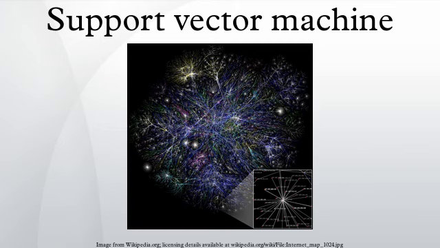The parameter b/||w|| determines the offset of the hyperplane from the origin along the normal vector w. If the training data are linearly separable, we can select two hyperplanes in a way that they separate the data and there are no points between them, and then try to maximize their distance. The region bounded by them is called the margin.